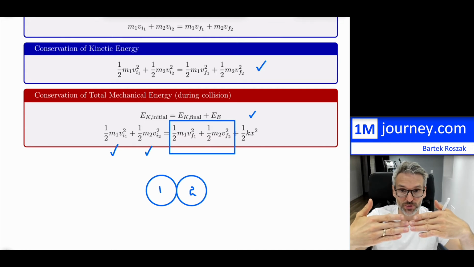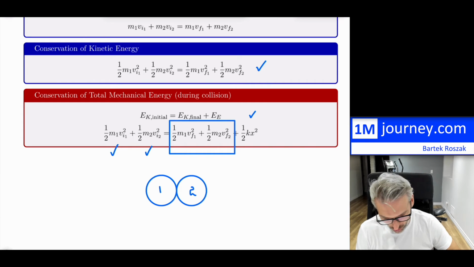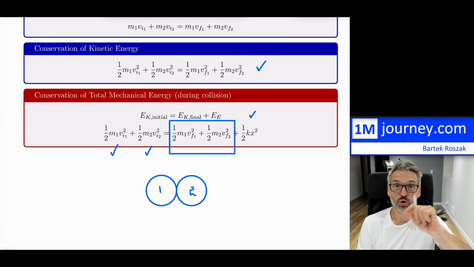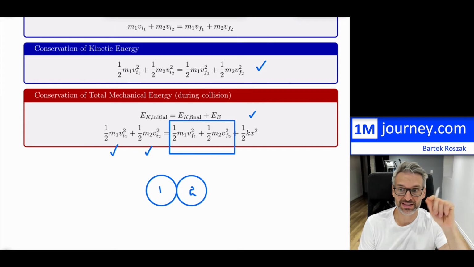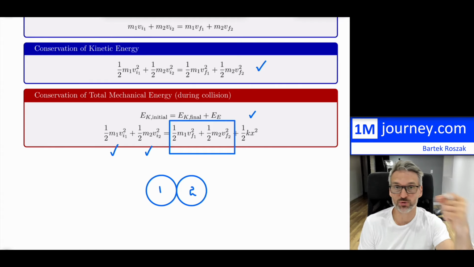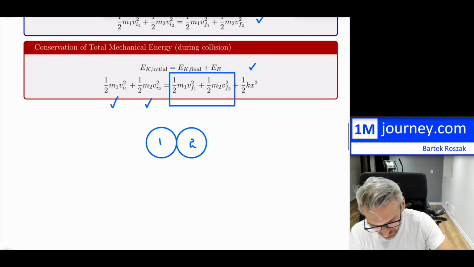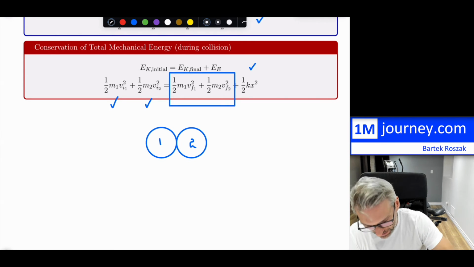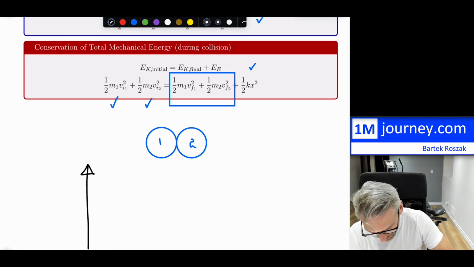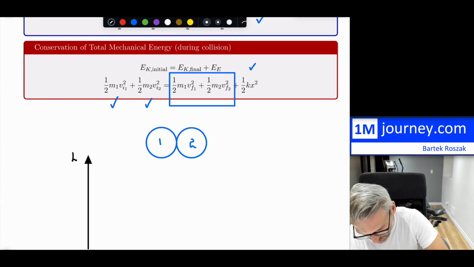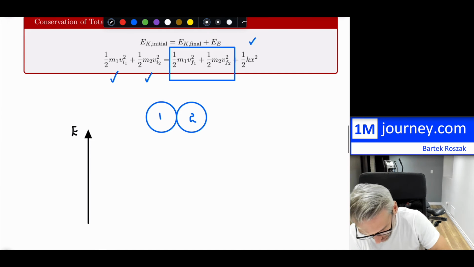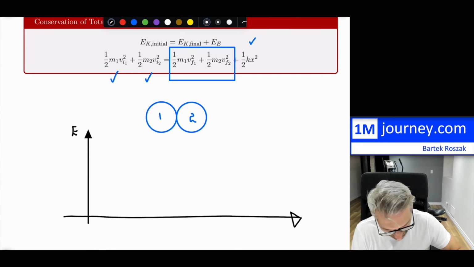And then during that particular collision, we want to be able to say that the total mechanical energy still gets conserved overall in these elastic collisions. So we're not losing anything to friction or anything else. So if you imagine, this is what would be happening. If I draw a graph, and this is the energy that we have, maybe not total at the moment, and then this is time.